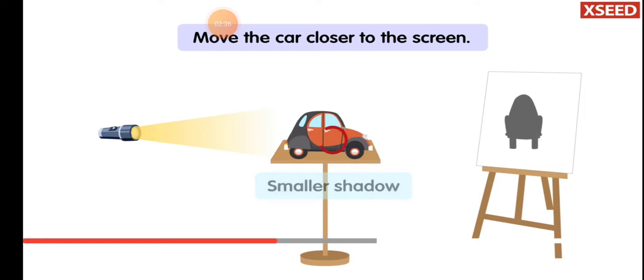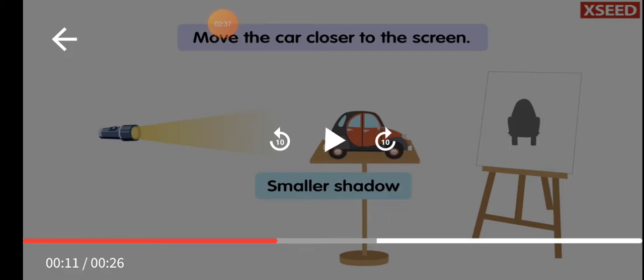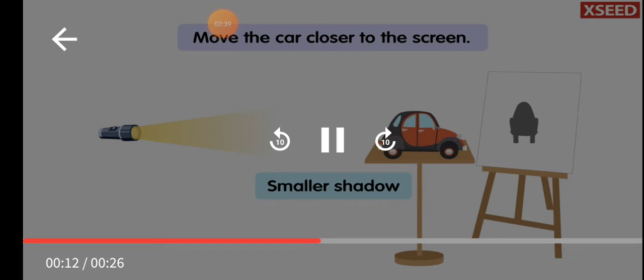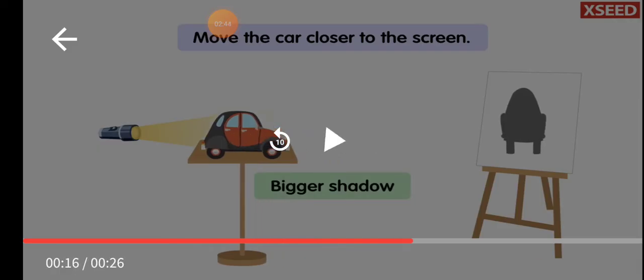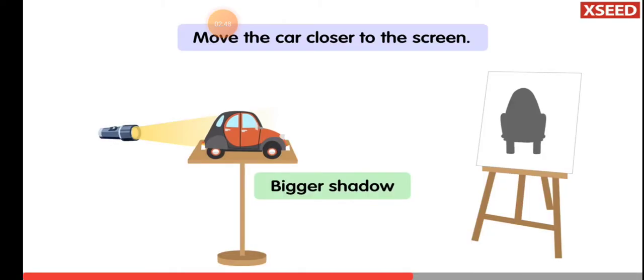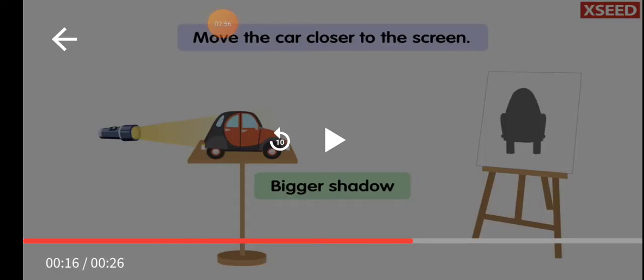You can see here. When the car is farther away, it gets bigger. When the object is far away from the screen and very close to the light source, then the shadow appears very big.